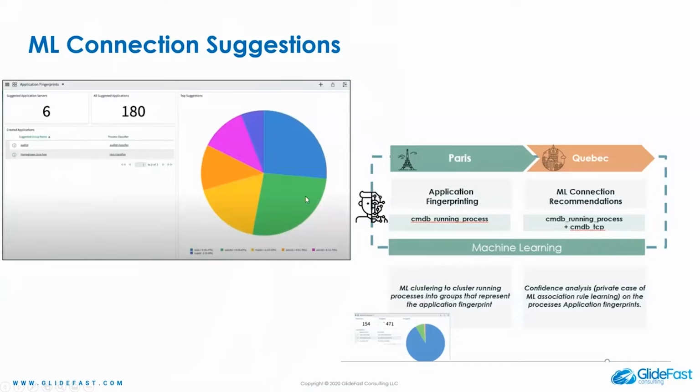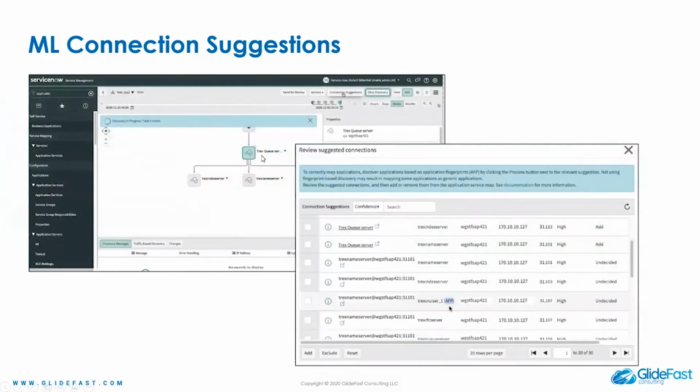And you can see here a breakdown of the suggested processes and suggested applications. So together with this application fingerprinting, the Netstat traffic-based discovery, and the ADM probe, which gives you the dependency mapping, you can get a picture of something like this, where this is a service map.